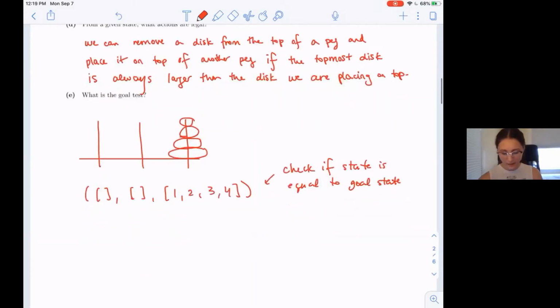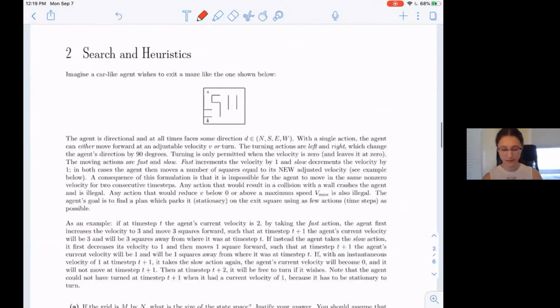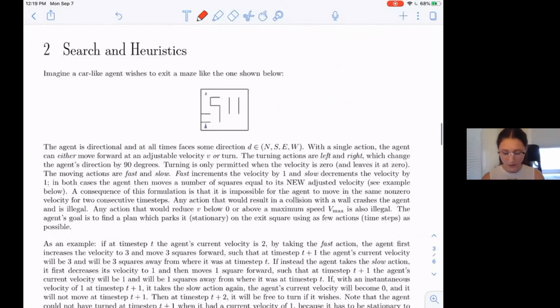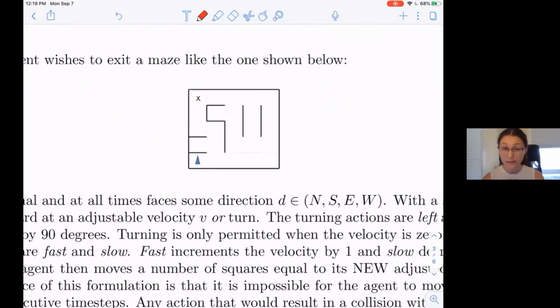All right, let's talk about search and heuristics. In this example, we have a car-like agent, and you can see that visualized here. The car-like agent is going to try to exit a maze. This maze has walls, and it has the goal state represented by this X. That's the final place that we want to get to exit the maze.